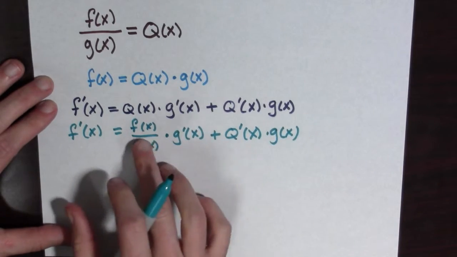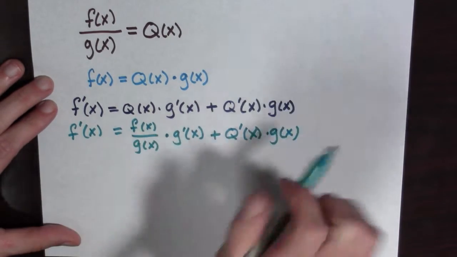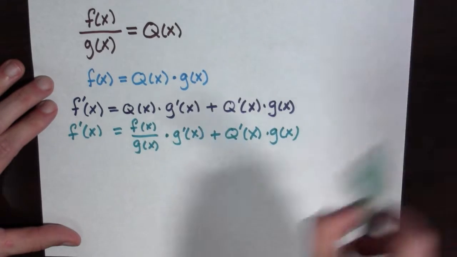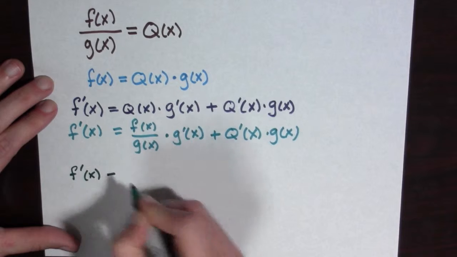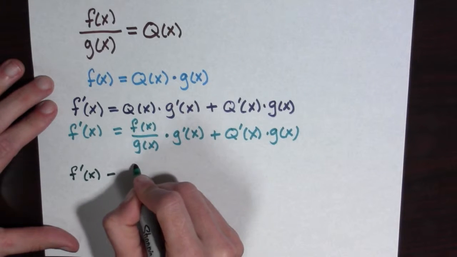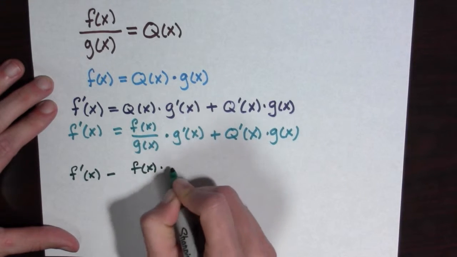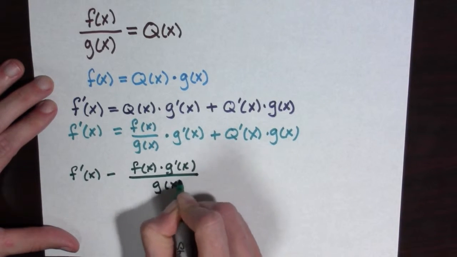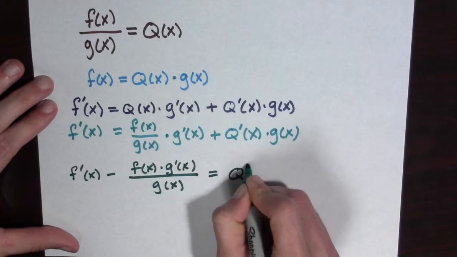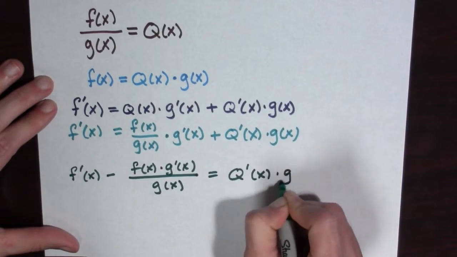Aha! So now I can subtract this term from both sides of the equation to get f prime of x minus, let's see, f of x times g prime of x all over g of x is equal to q prime of x times g of x.